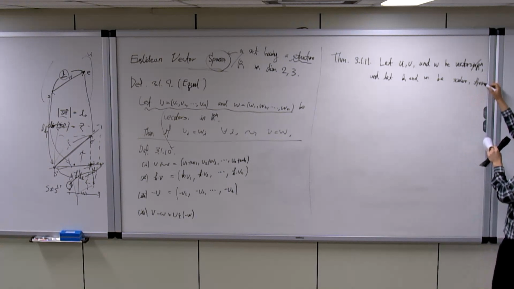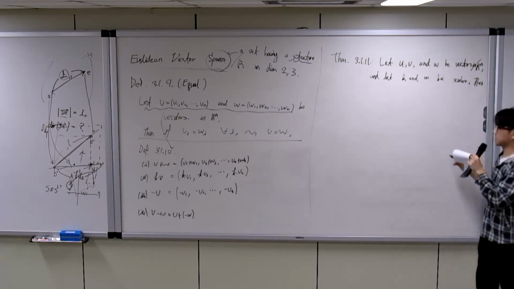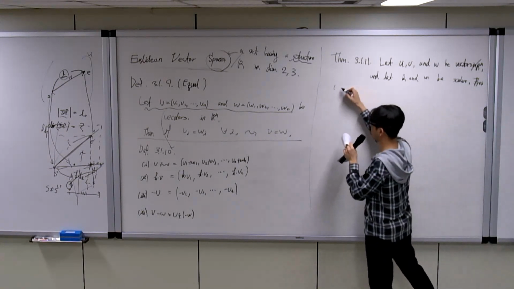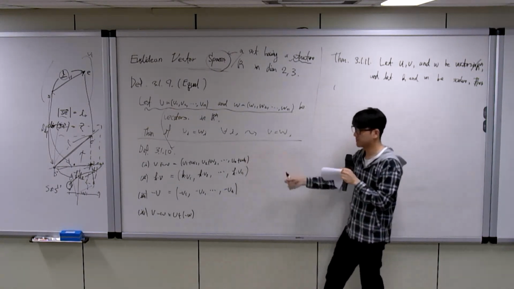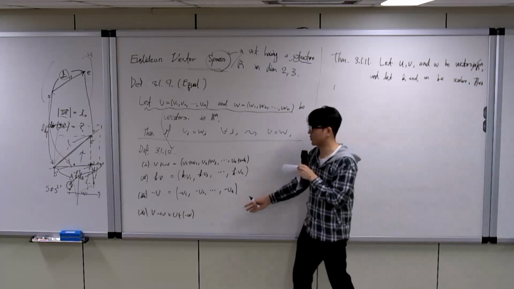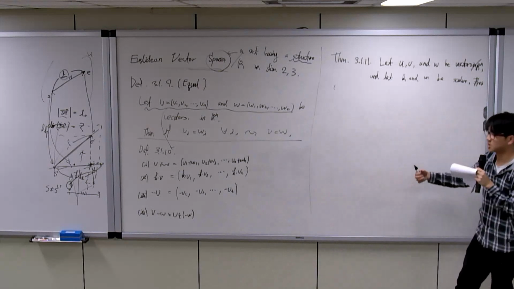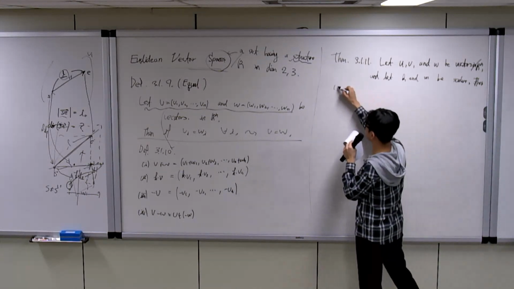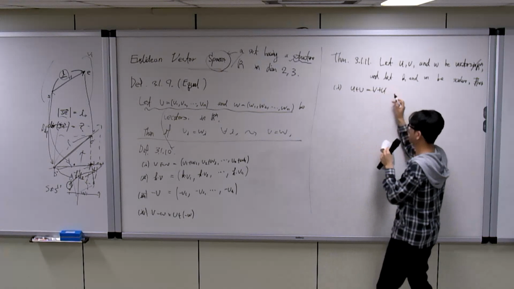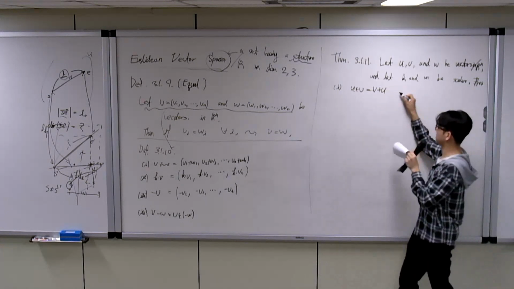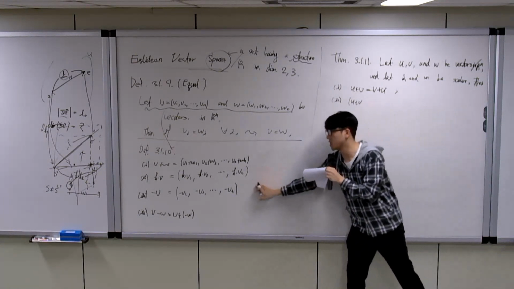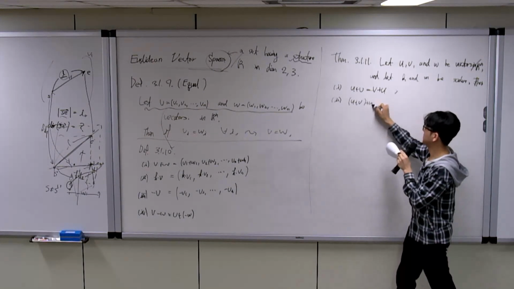I will do similar things as in the 2-dimensional and 3-dimensional vector properties, because we defined from the 2-space and 3-space in the real world, and we generalize from them, and so it has the same properties like commutativity and associativity. By using this notation, you can check them easily.